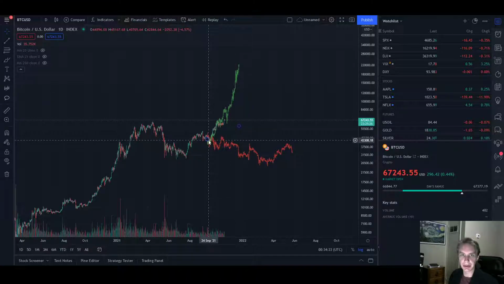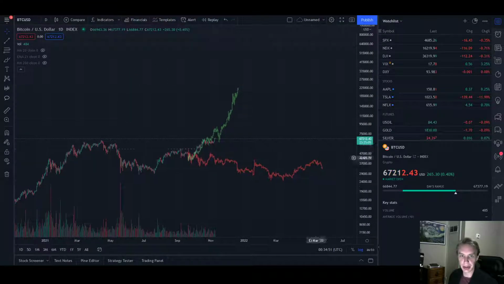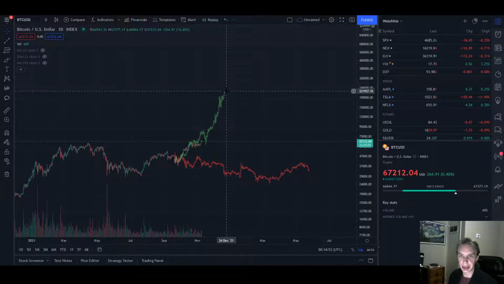But what's, I think, kind of undeniable just looking at this is that what's currently happening seems a lot closer to what was going on in 2017 versus what was going on in 2019. It seems to be much more on the side of the bullish hypothesis than on the bearish hypothesis. And so in reality, what I personally think is more likely is that I don't think that Bitcoin's going to be putting in over 200K by the end of the year. I just don't think it's going to happen.